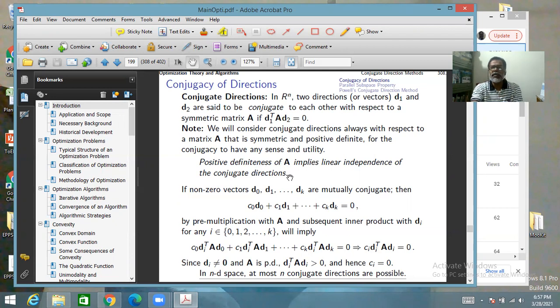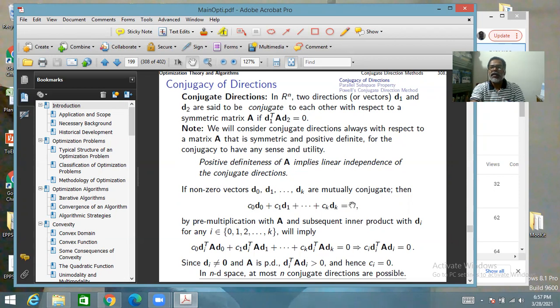And you show that very easily. You take a linear combination of the conjugate directions as 0, and then from that you try to see if that necessarily implies each of the coefficients being individually 0, because that is the formal check for linear independence of vectors.